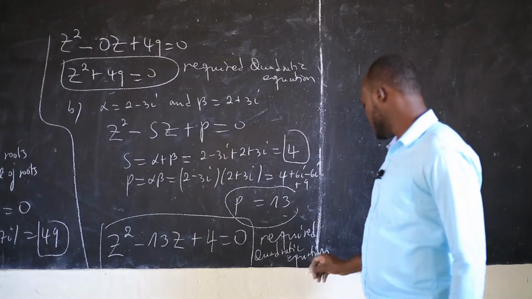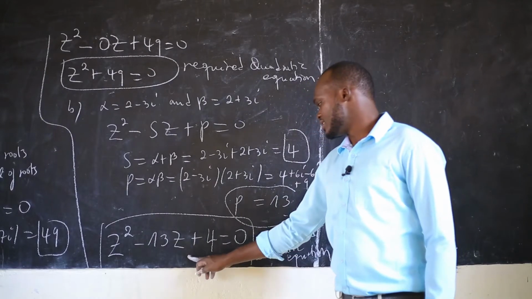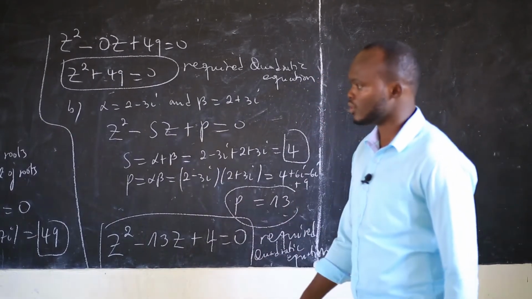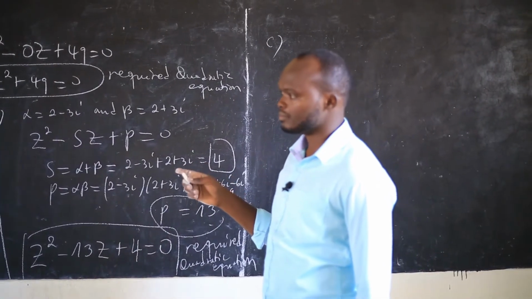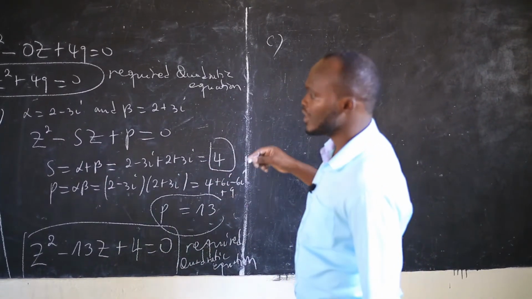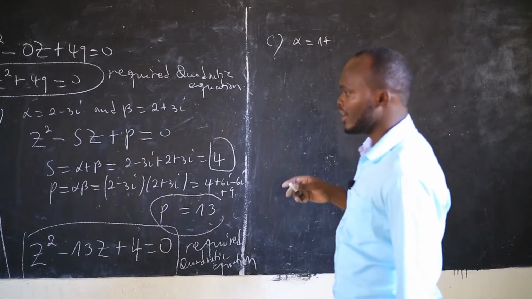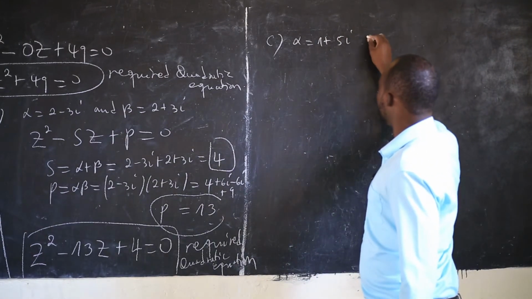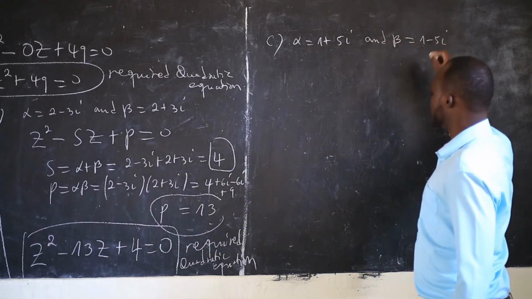So let's go to C, if you don't have any question about B. In C, we have alpha, which is 1 plus 5i, and beta, which is 1 minus 5i.